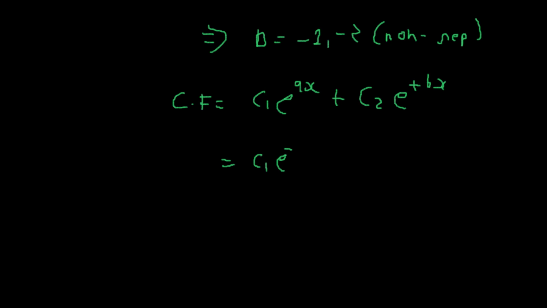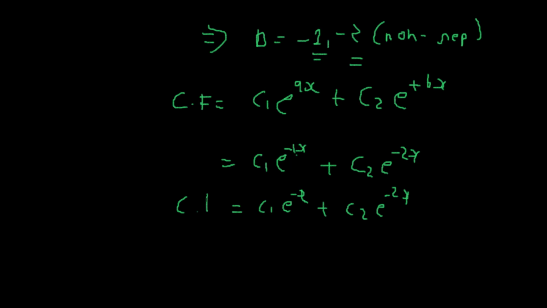On writing the values, I got C1 e to the power ax, which is 1 into x, plus C2 e to the power bx, which is minus 2x. I can also write this as C1 e to the power minus x plus C2 e to the power minus 2x. So we have the value of CF.